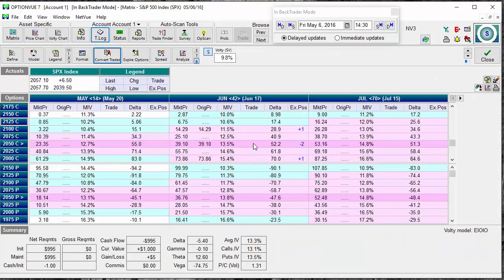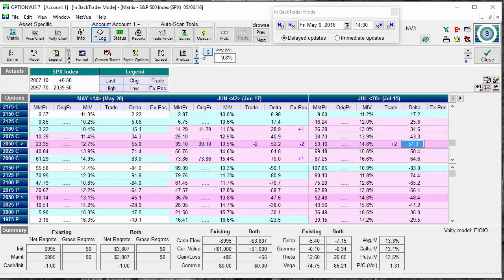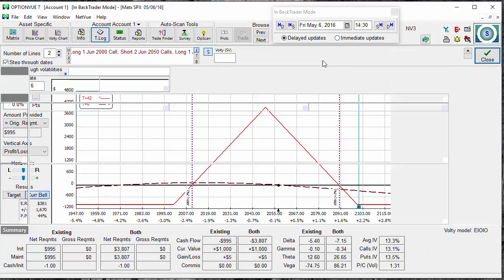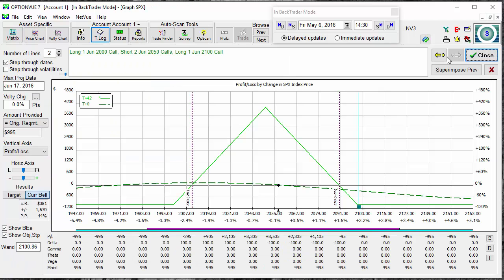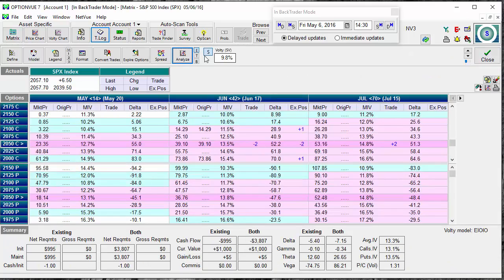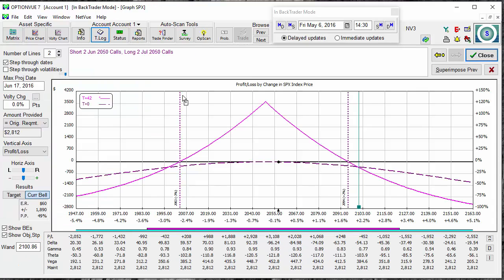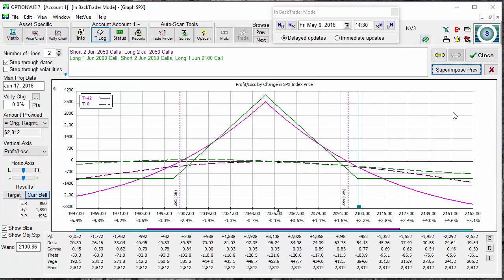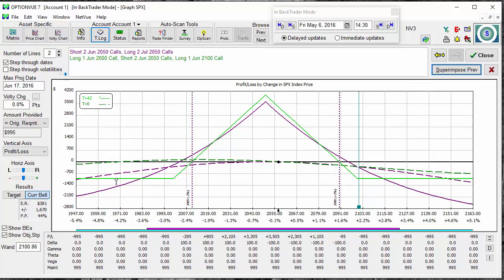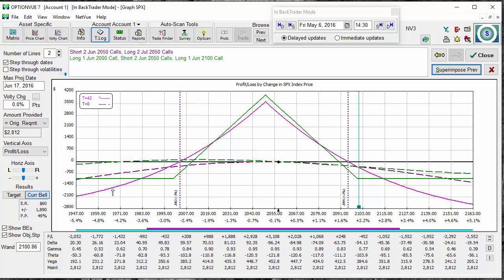If I convert that trade and say, all right, here's the existing butterfly, and this is the existing calendar, I superimpose the two. They look very similar, right? I mean, we can agree that they look quite similar. What I want you to notice is green is the butterfly, magenta is the calendar.